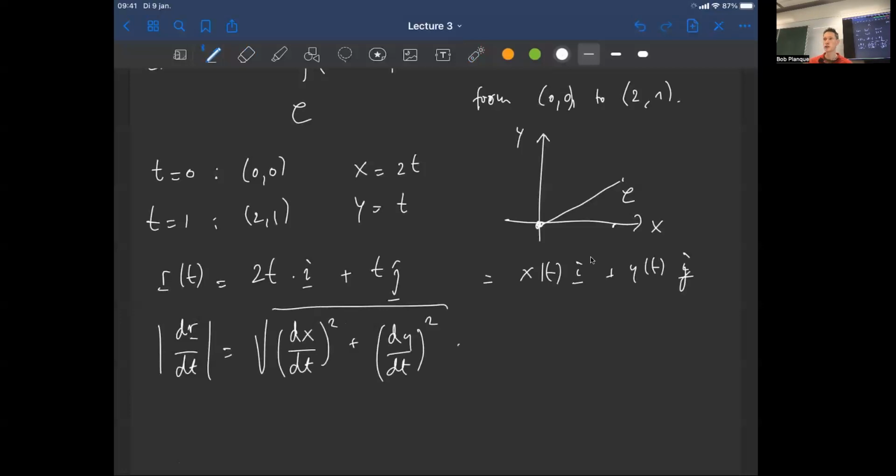So dx/dt is just 2, and the square is 4, and dy/dt is 1, and so its square is 1. And so this becomes the square root of 5. Per unit of t that I traverse, I have a length of square root 5. And that's the speed with which I go through this curve. Right? Square root of 5 lengths per unit of t.